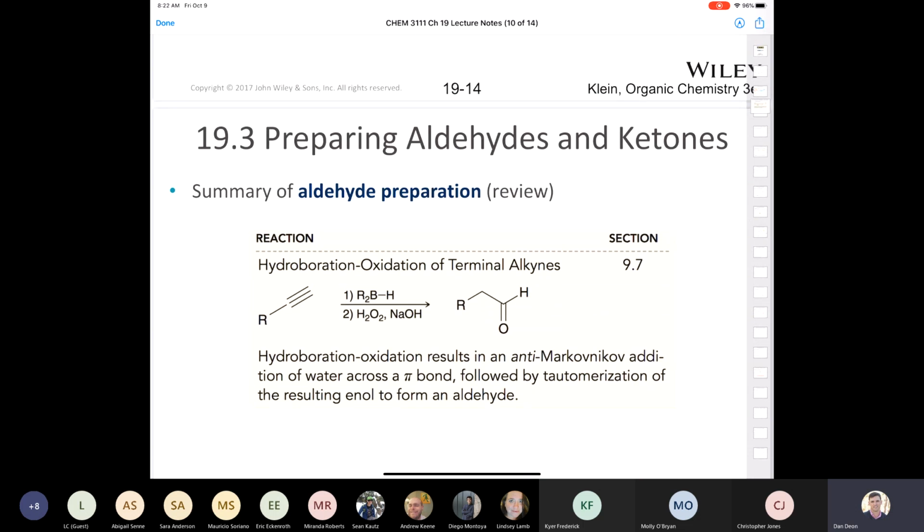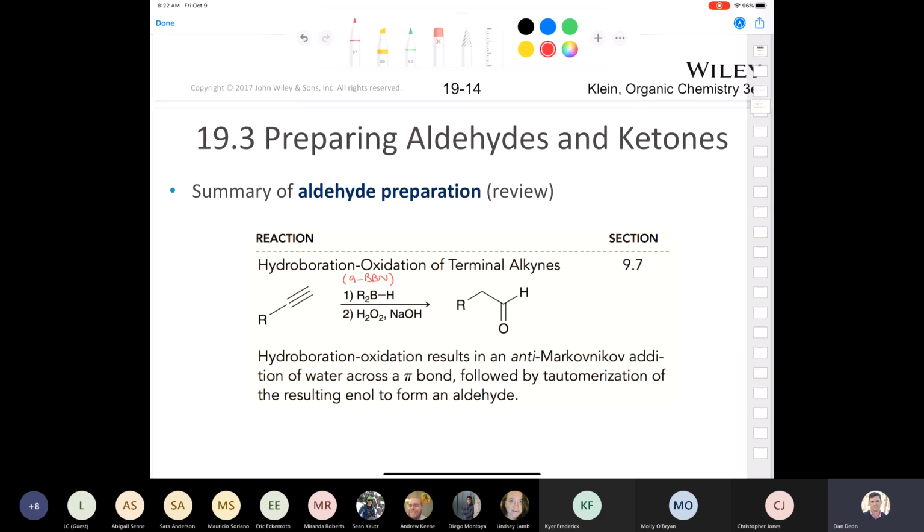Another way that we saw to prepare an aldehyde was by the hydroboration oxidation of a terminal alkyne. You might remember that for that, we had to use a hindered borane, like 9-BBN, or we can simply write R2BH as is shown here. And again, if you want to put 9-BBN, that's perfectly acceptable.